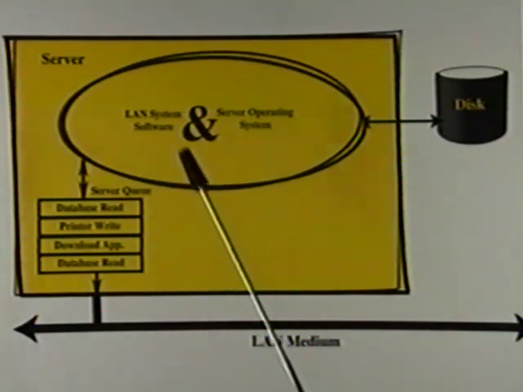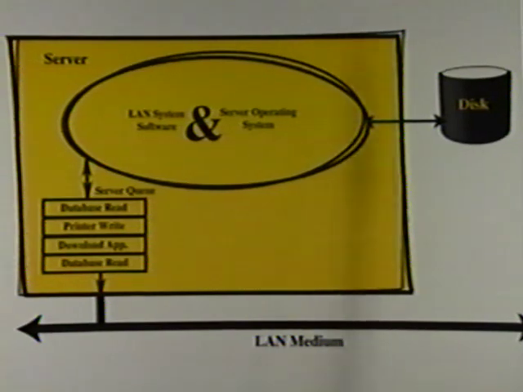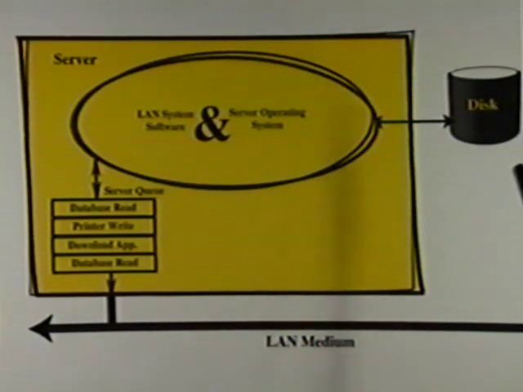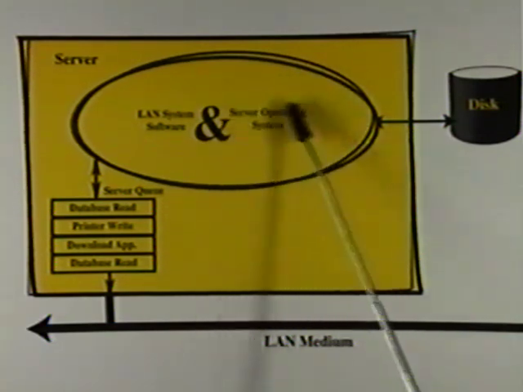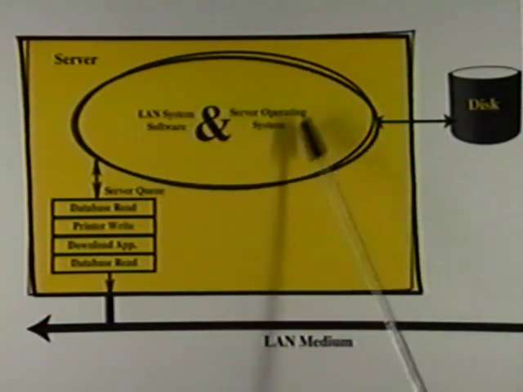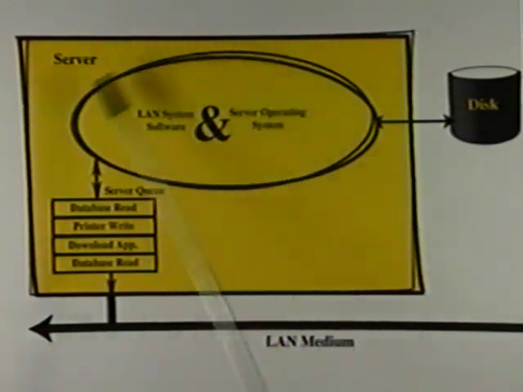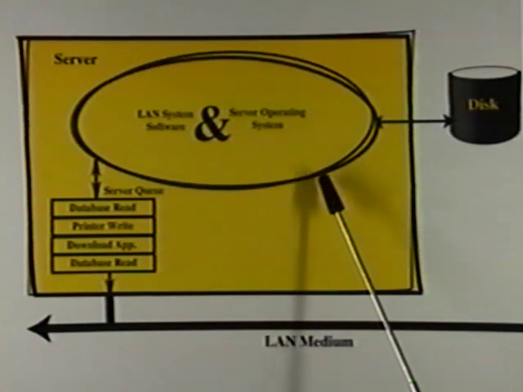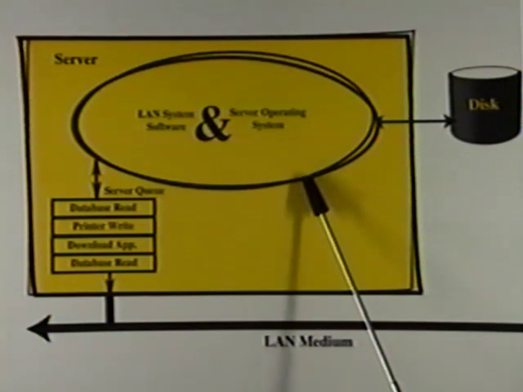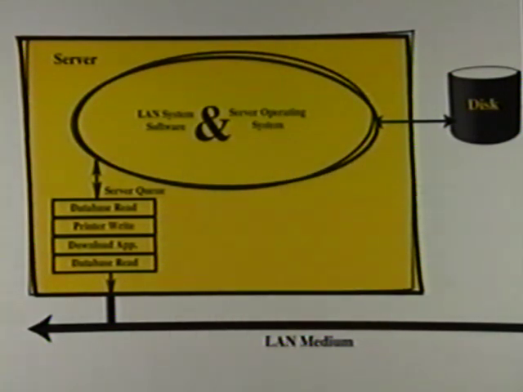Well, how about some disadvantages of this configuration? The first one would be that usually this operating system has certain functions that are already available to it, and when you integrate the two into one package, you end up duplicating portions that already exist. So it's like reinventing the wheel, which usually costs money in the form of time.